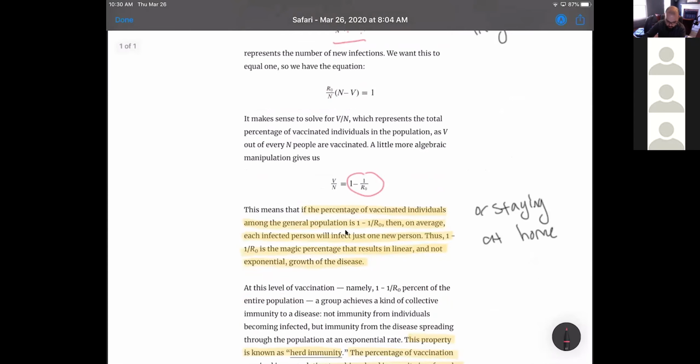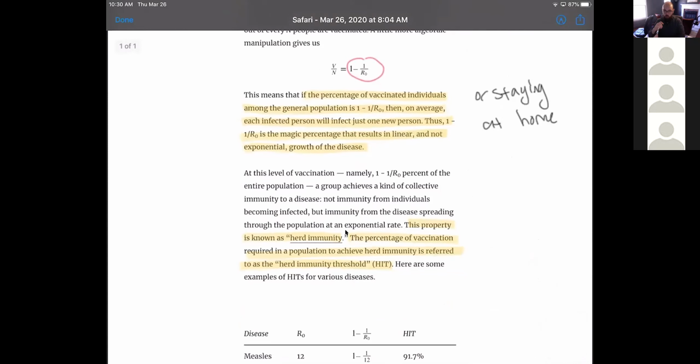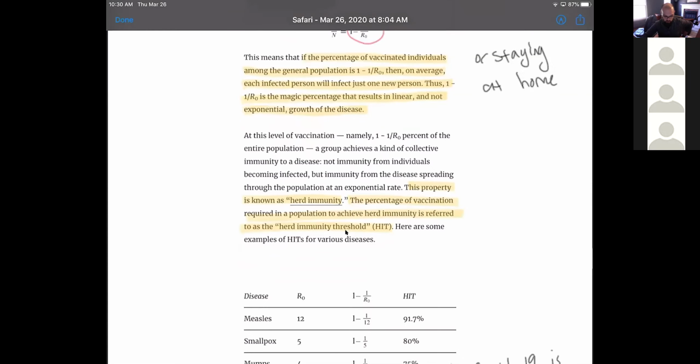So if we can use mathematical models to estimate how many people get infected on average by a person, then we can calculate the percentage of people that need to be vaccinated or isolated away, just not able to get infected.